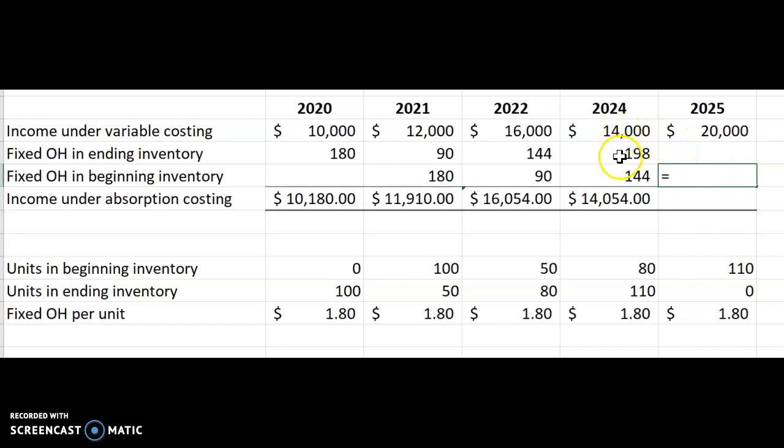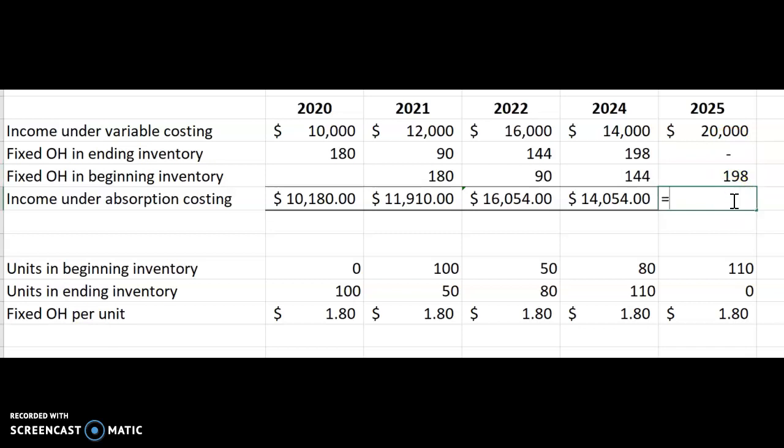And then in 2025, we've got the fixed overhead in beginning inventory, which was the fixed overhead in the ending inventory at the end of 2024. And since we have no ending inventory, there's no fixed overhead in ending inventory.